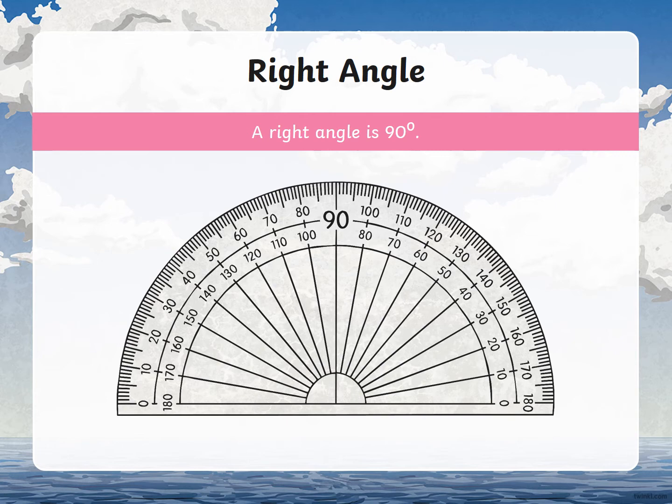It's a horizontal line, and then it's going to turn and it will become a vertical line. Here's the horizontal line, and then we have a vertical line. The space between those lines, which we call the measurement of turn, is 90 degrees, and that's how big a right angle is.